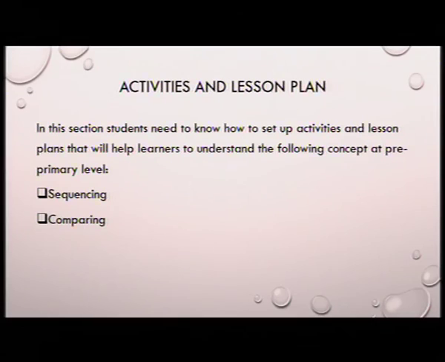And also comparing. You also need to have a lesson plan for comparing objects or things. You can compare, for example, things like colors. You can compare the size of objects, and you can help them to identify which one is bigger, which one is smaller, which one is taller, this one is shorter, and so on.